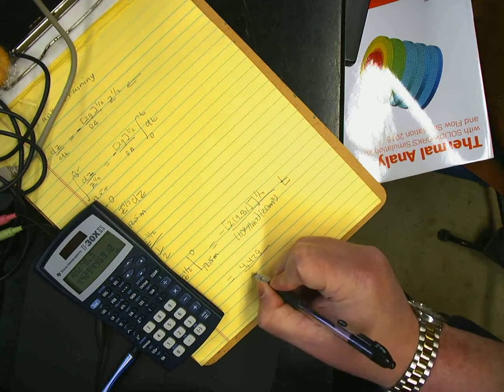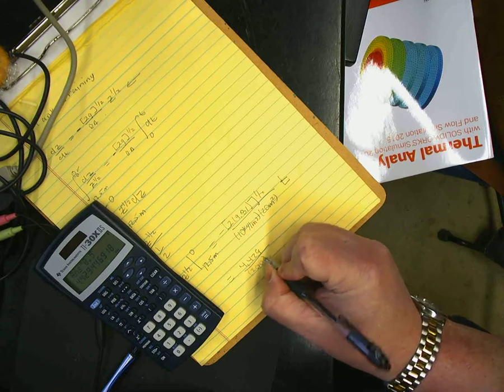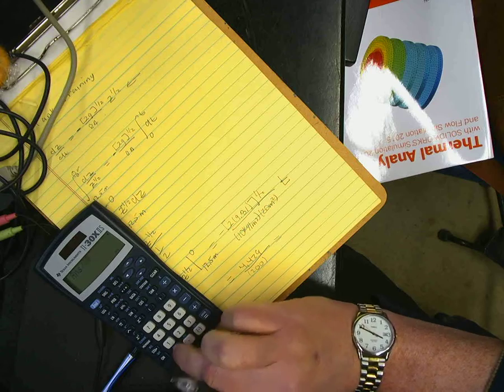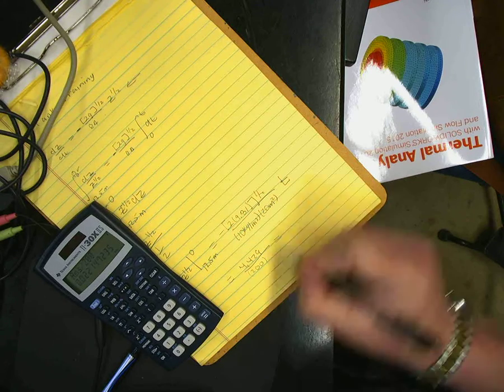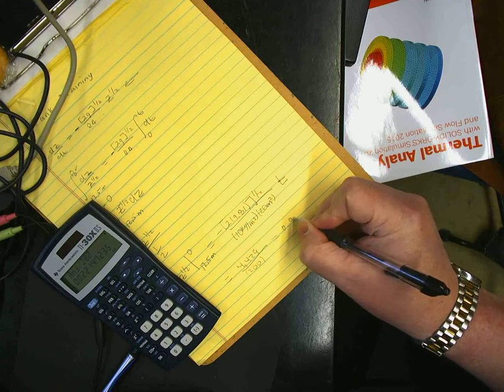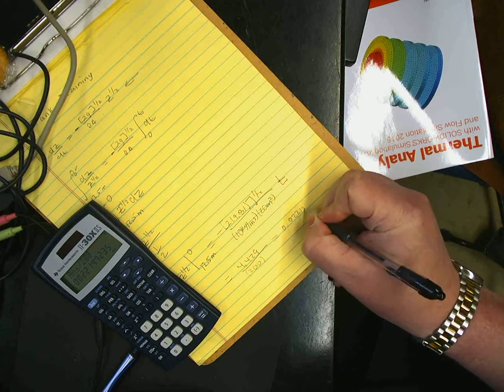And in the denominator here, I get a value of 200 as rho times A. That gives me a constant of 0.02215 times t.